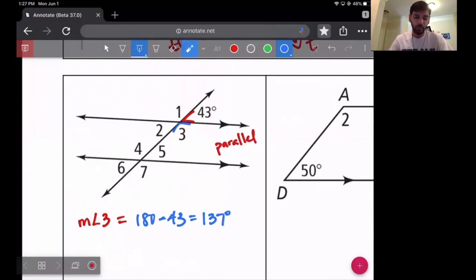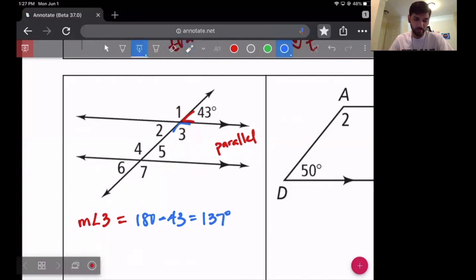Okay, and we can continue to go around to all of the angles and try to figure them out. It becomes a little bit easier as you work through the entire problem. If you know angle 3 is 137, then the same thing could apply for angle 1, because these two are opposite angles. Opposite angles are always going to be congruent to each other, or equal to each other.